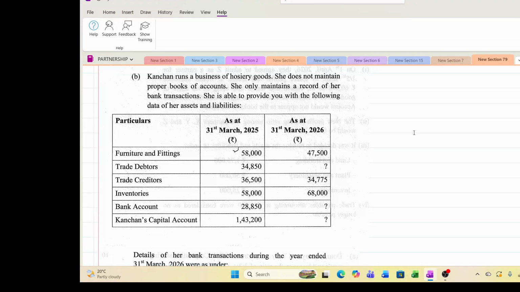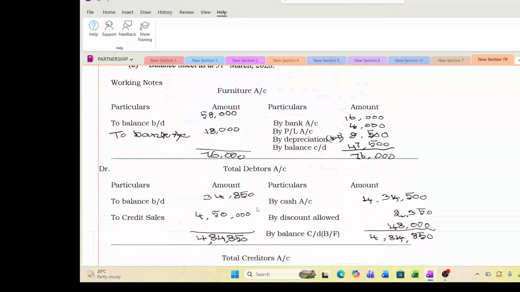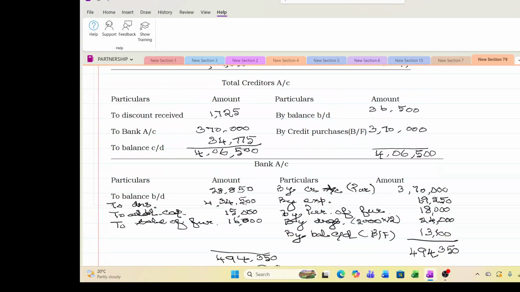Okay. Going to the next item. Just for time saving, I have already filled up the figures so that I'd be able to save your time. Bank account, they have given the opening balance, no closing balance. So we cannot write in the balance sheet until the account is closed. We will just open the bank account and write the opening balance, 28,850 balance brought down.